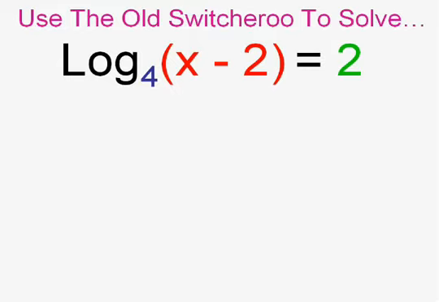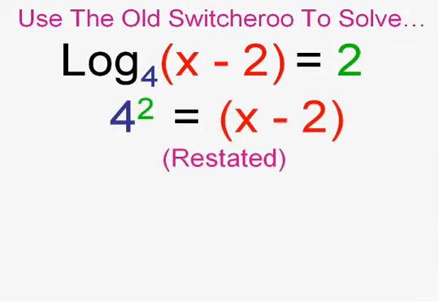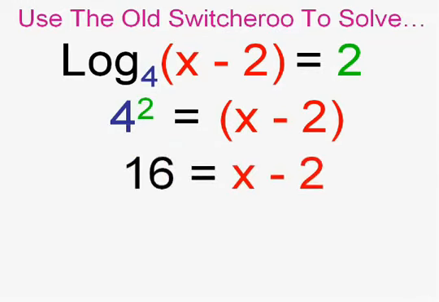Remember that the log is an exponent, so we could rewrite this using the old switcheroo as the base 4 to the exponent, that's what the logarithm is, to the exponent 2 equals the number or expression x minus 2. Well, 4 to the second is 16, and now we can solve the equation.